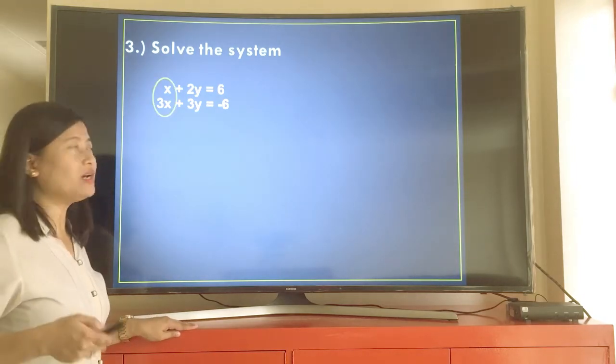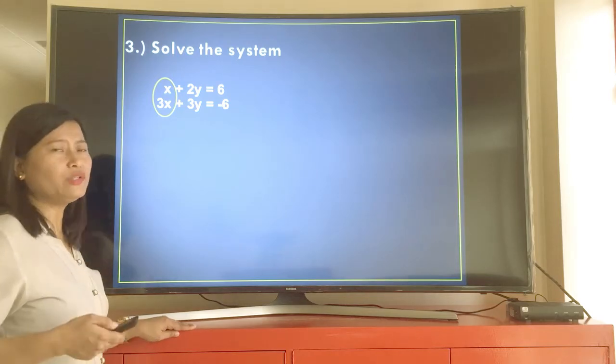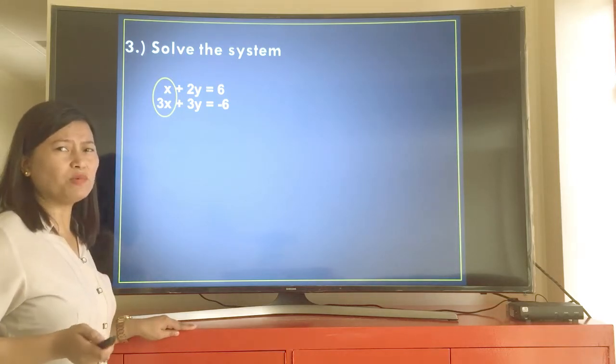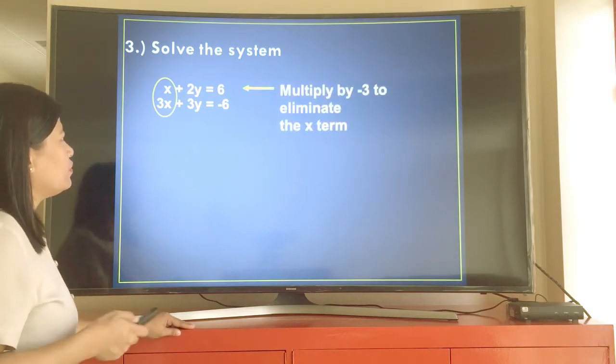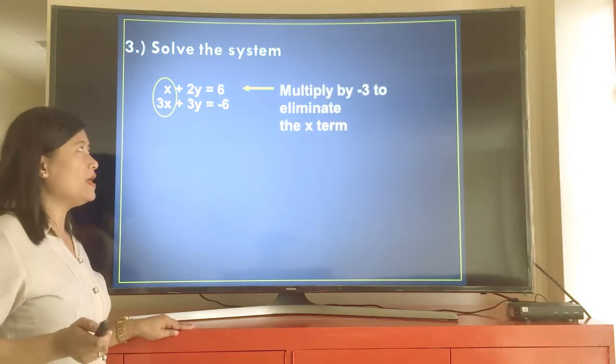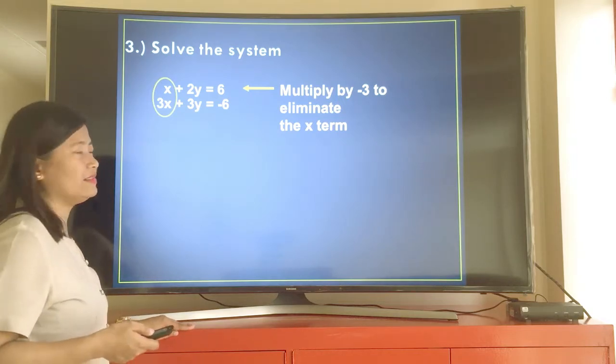Let's say we want to eliminate x. What are we going to multiply for us to have opposite coefficients? So we will multiply equation 1 by negative 3 to eliminate x.